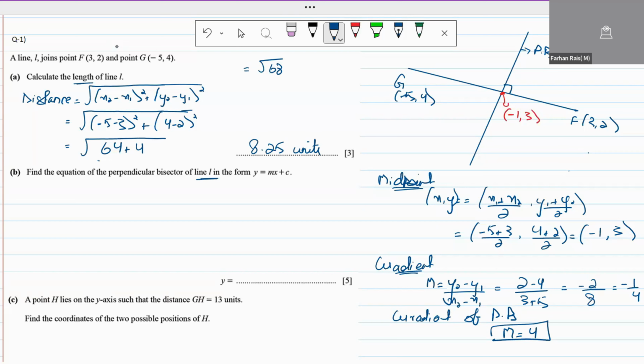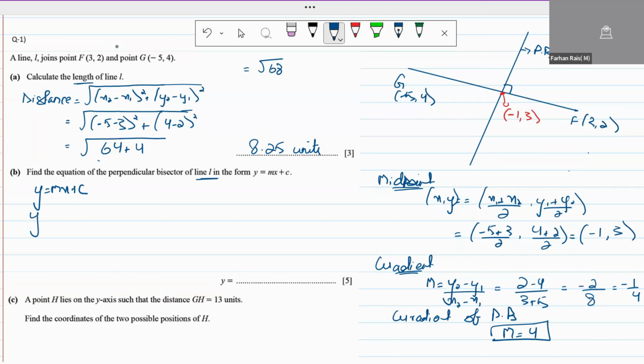We have the point, we have the gradient. So we'll use this gradient and point to find the equation of the perpendicular bisector. We use the formula y is equal to mx plus c, and we'll first find c.